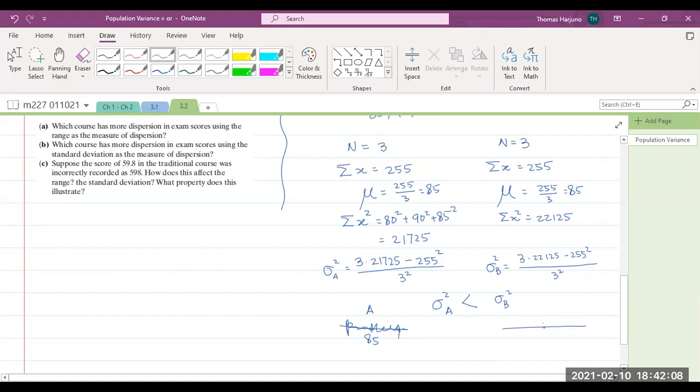Compared to B, B has the same average 85, but B once got 100%, and at the same time, once B got a 70, which is a C. This B here deviates more from the average, so B has a better chance to get an A compared to Mr. A. With the same mindset, B also has a better chance to fall down to C compared to Mr. A. Mr. A is quite stable at 85.